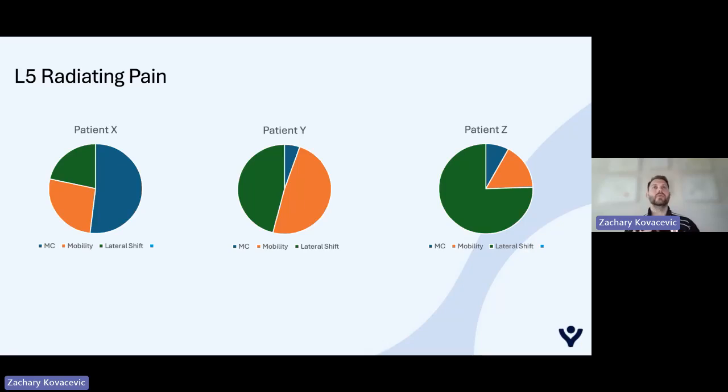So our exam, our ability to assess the lumbar spine accordingly and have an appropriate understanding of the data and where to move forward helps us understand how to treat, not manage, these individuals with radiating pain.